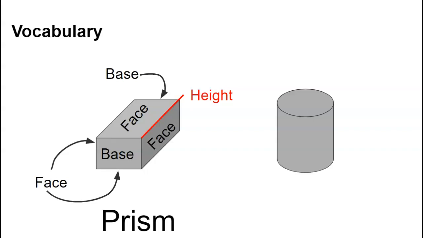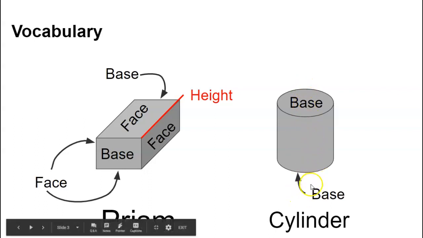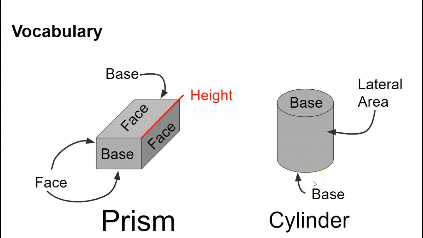In a cylinder, it still has bases. It's just that its two bases are circles. And because it is a circle, our faces can't be rectangles. There are no distinct faces connecting them. There's just one rectangle connecting the circles, wrapped around.